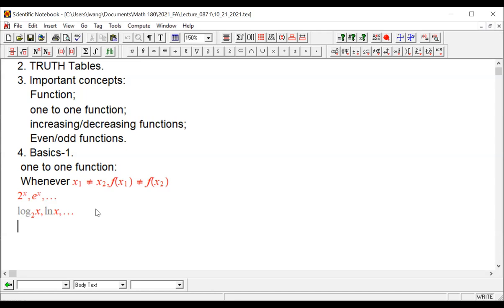We have been referring to these concepts, how we make a function 1-to-1 by truncation, which is a typical method to make a 1-to-1 function. And then once the 1-to-1 function is made, we would introduce the inverse function, because you have to be a 1-to-1 function in order to have an inverse, and the inverse is unique.